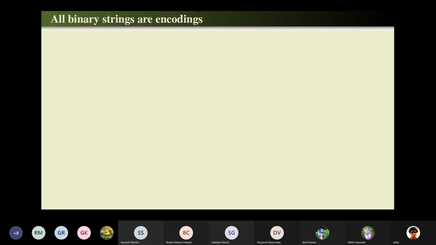Okay, so yesterday we have seen how we can embed the description of a Turing machine, including all the components, in the form of a string over 0, 1, binary encoding.